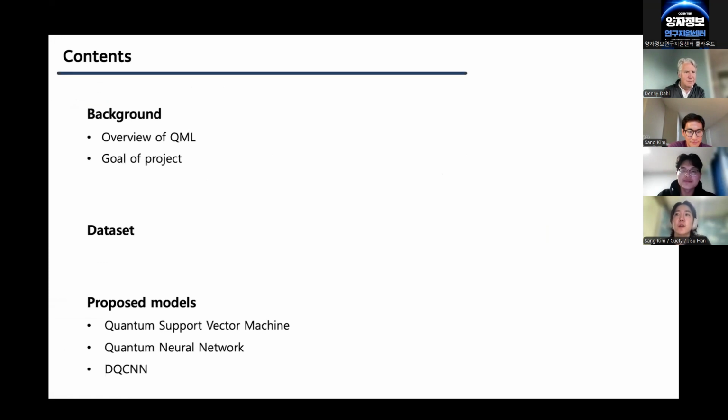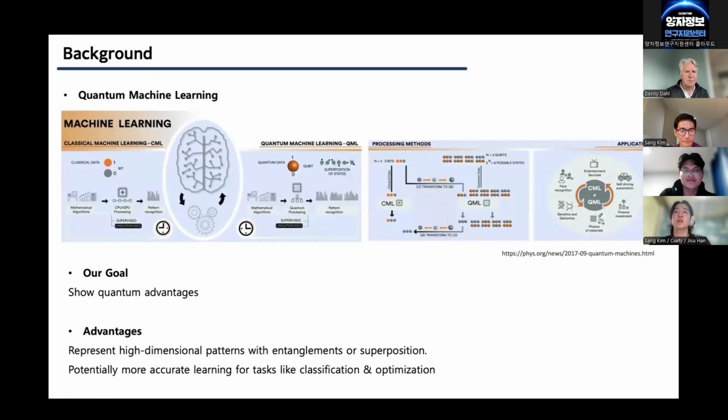Here is the outline of our presentation. First, background, then dataset, and finally, our proposed model. The ultimate goal of quantum machine learning is to leverage quantum properties like superposition and entanglement to accelerate data processing or improve learning efficiency. In particular, QML aims to provide quantum advantage in solving high-dimensional problems that are difficult for classical machine learning.